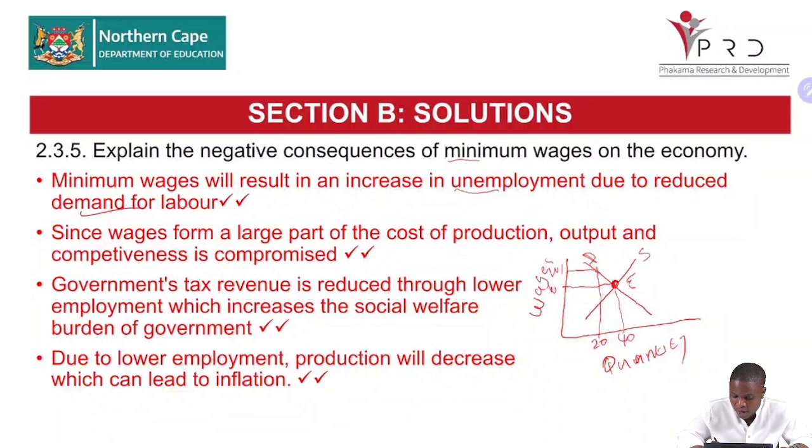Also here, when the demand decreases, the supply will increase, and this space here we call unemployment, as there are more people now looking for jobs. Let's say 60 people can supply their labor and only 20 are demanded, meaning this space here becomes unemployment.